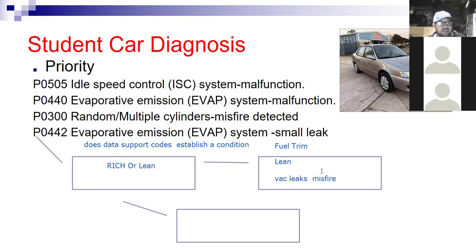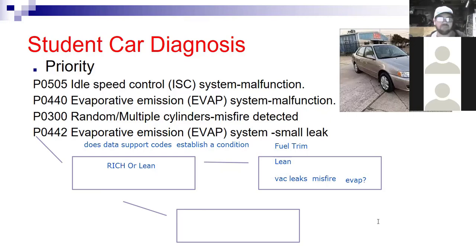Maybe the misfire actually is throwing off the fuel trim. One other thing is that this could relate to the evap system, because we have some evap codes here. Evap is your evaporative fuel emission system. It's basically going to pull any vapors off the gas tank.